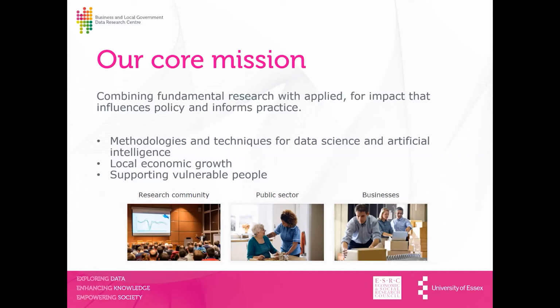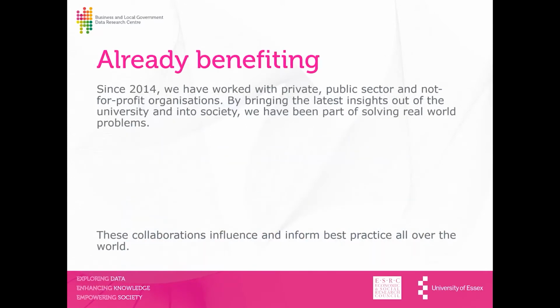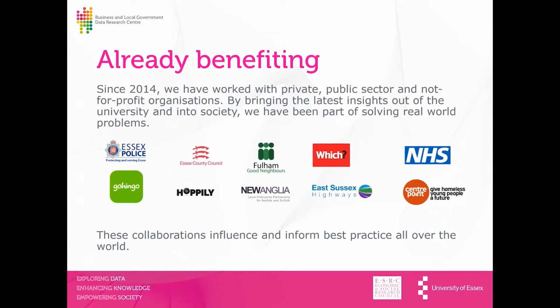Now, through these three priority areas, we support the research community, the public sector, businesses and charities as well. Since we formed in 2014, we've worked with a range of organisations, both small and large, from charities to councils to the NHS and many more organisations. And we would love to collaborate with you as well. So how can you collaborate with us?